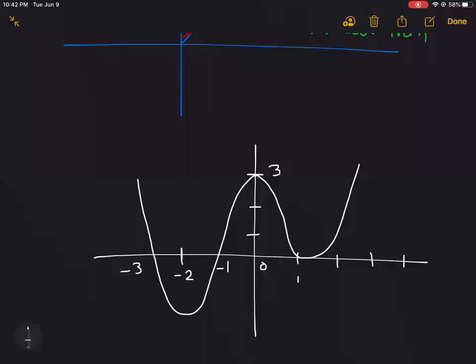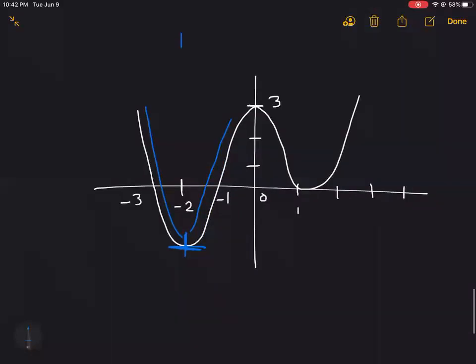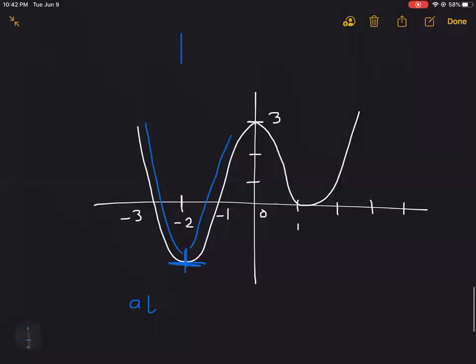As you can see, this graph is going down, down, down, and after -2, it has certainly started to increase. So we'll say we have a local min here, and the local min is at x equals -2, right? Okay, let's move on.